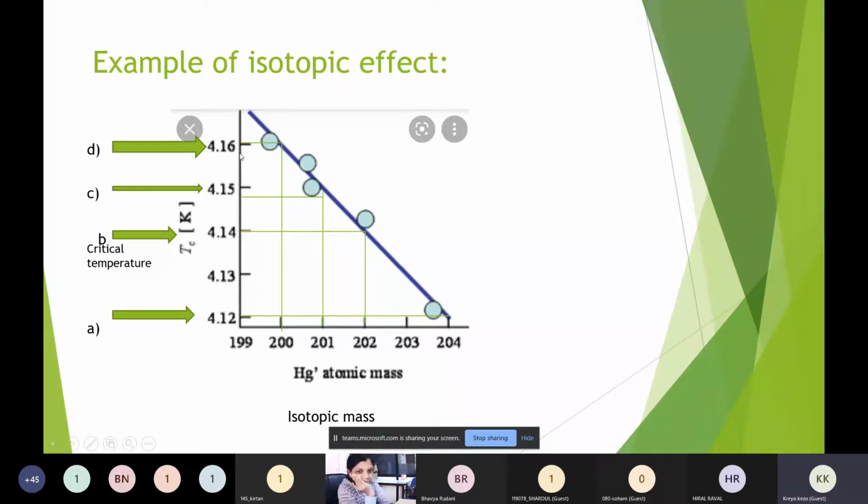So clearly the difference between them shows that the increase in isotopic mass leads to decrease in critical temperature, and decrease in isotopic mass leads to increase in critical temperature. This particular pattern is also observed in position B and C. So from the critical temperature and isotopic mass, we come to know that these interactions are largely involved in superconductors.